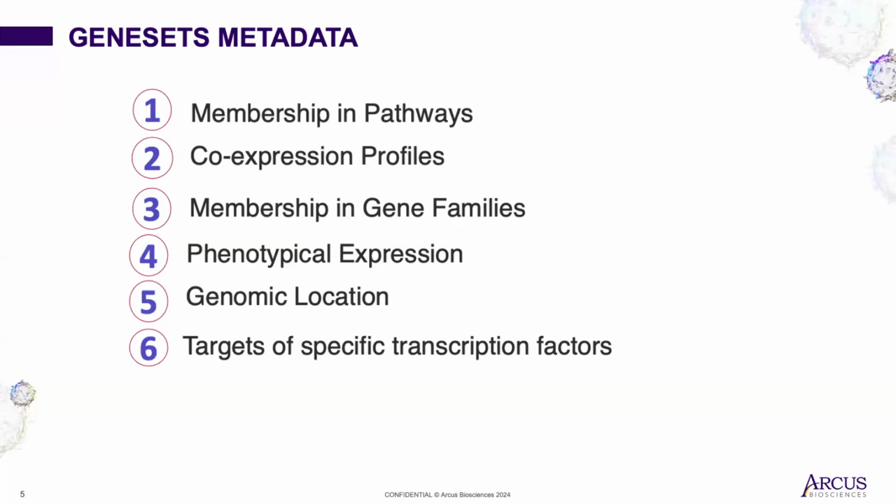Then there is phenotypical expression, when you draw blood and do the blood profiling, which is the actual expression of the gene. We want data for that. We want the location because we need to know exactly where these genes live.